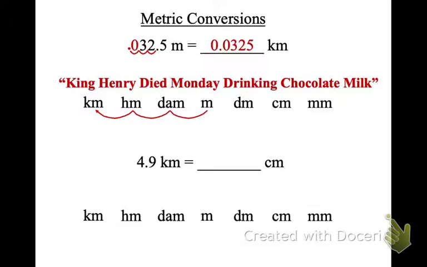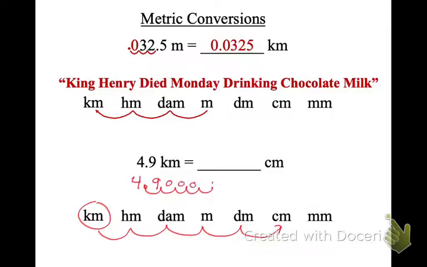All right, let's check our work. Now notice, I'm going from kilometers, that's my starting point, and I have to go to centimeters. So I have to jump once, twice, 3 times, 4 times, 5 times. So I'm going to move it 1, 2, 3, 4, 5.